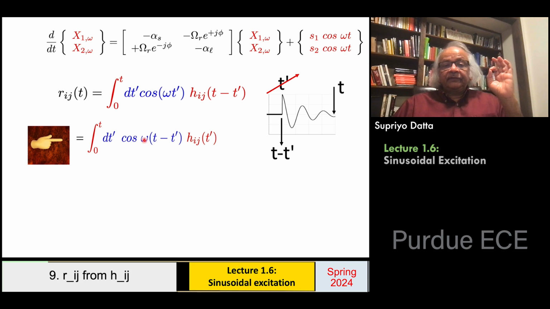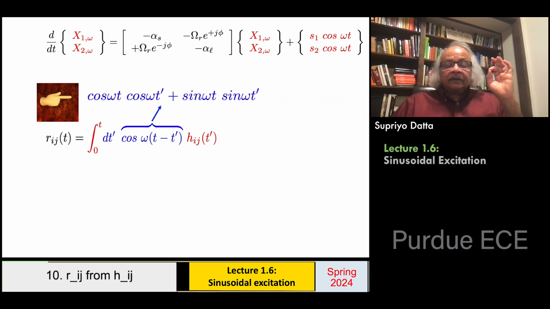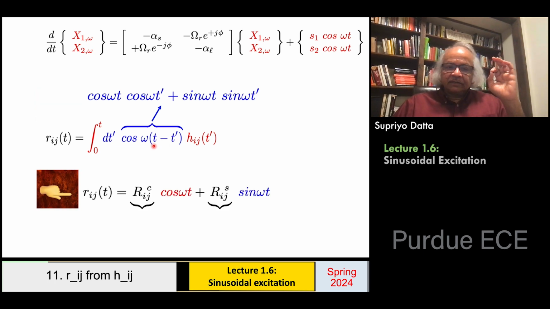Now what we do is, we notice that cosine a minus b is cosine a cosine b plus sine a sine b. And so this integral can be separated into two parts. You have a part that's times cosine omega t and a part that's sine omega t.